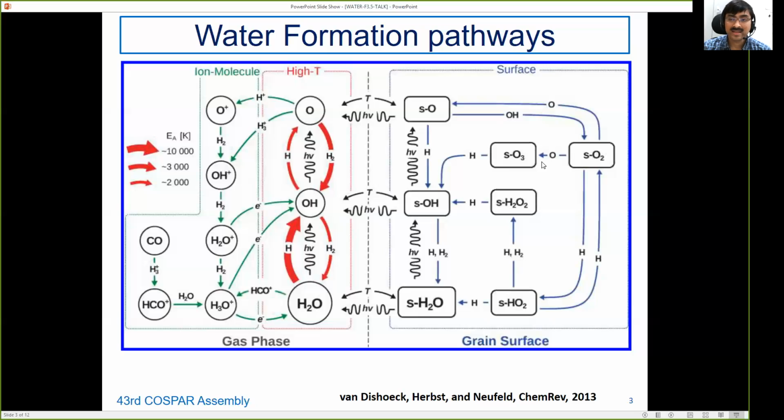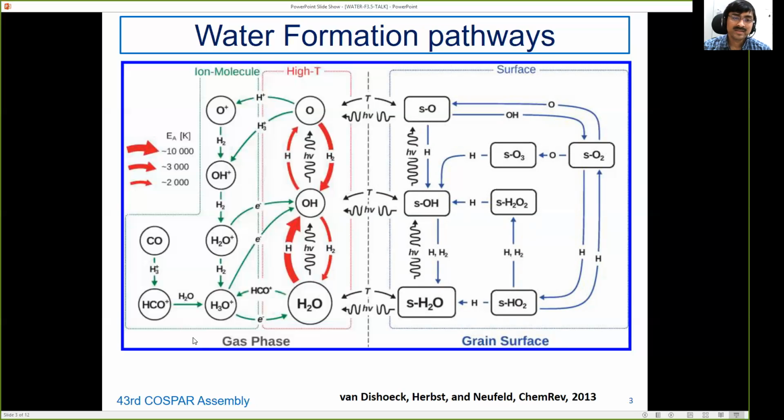This O2 can either react with another oxygen to form O3, or it can react with H to form HO2. If it forms O3, or ozone, it can react with another hydrogen to form OH, and the HO2 can also react with H to form H2O2 and then subsequently OH. Then of course OH can be hydrogenated to form H2O.